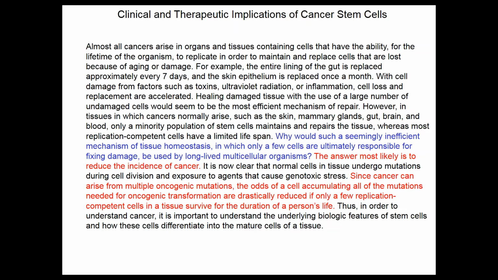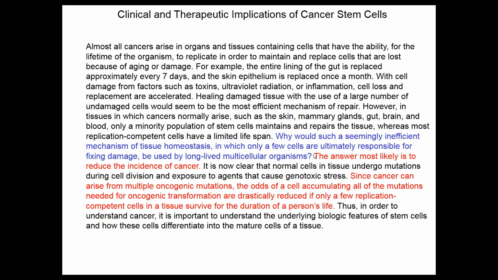And so the question that's asked in this review is, why should such a seemingly inefficient mechanism of tissue homeostasis, in which only a few cells are ultimately responsible for fixing damage, those are the stem cells, be used by long-lived multicellular organisms like us?